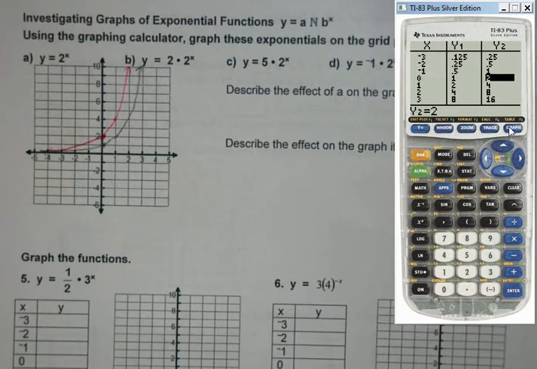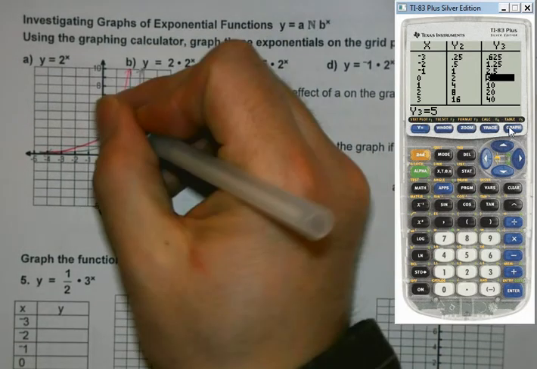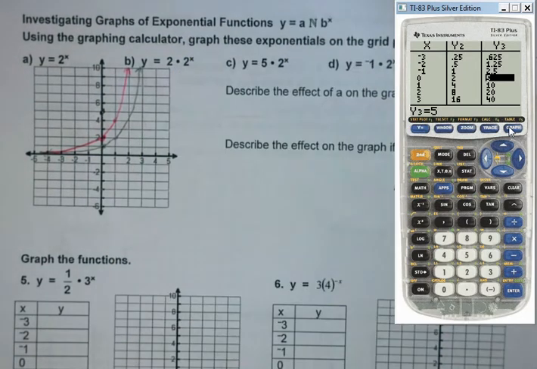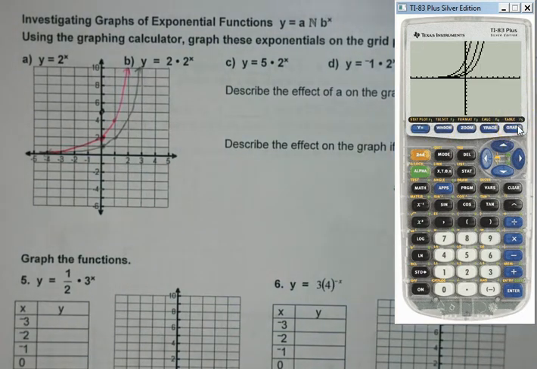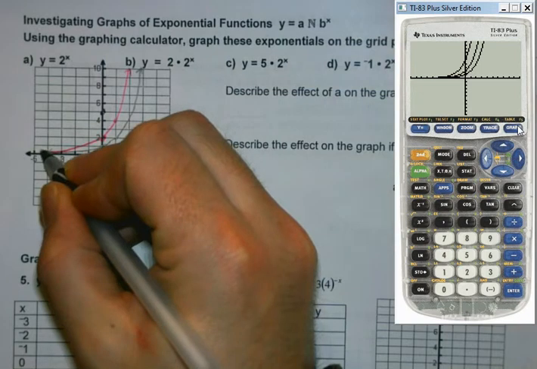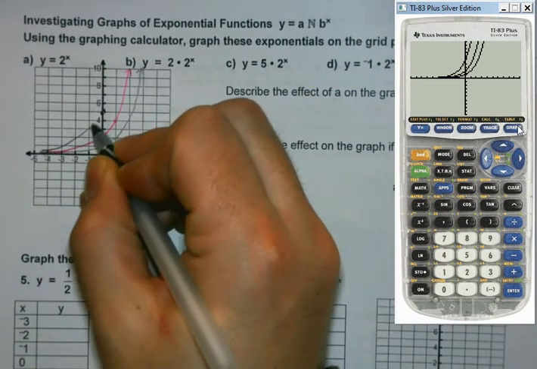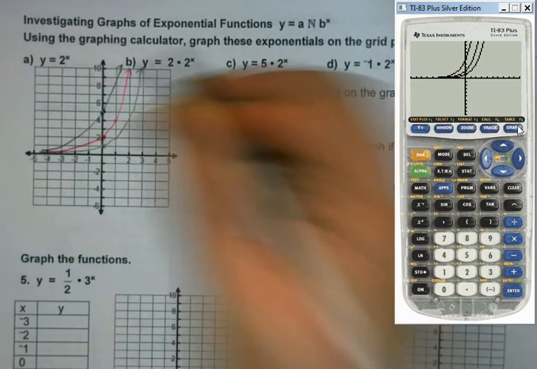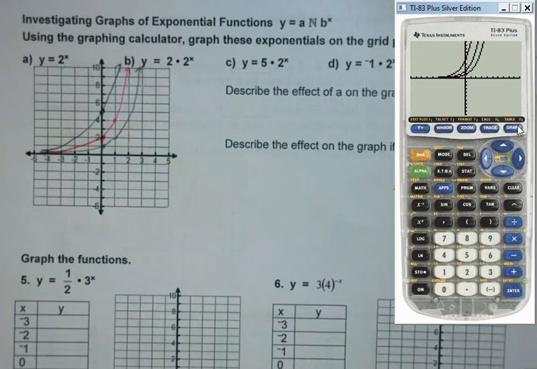And the second one I moved to 2. Third one I moved to 5. Amazing. So what you start to see is a couple of things here. I start to notice, okay, it's still approaching 0, but as that number in front gets bigger, my intercept's moving, and it's starting to get steeper.